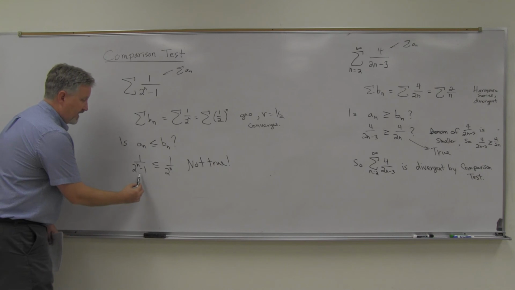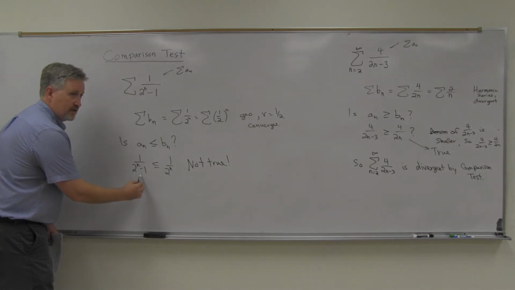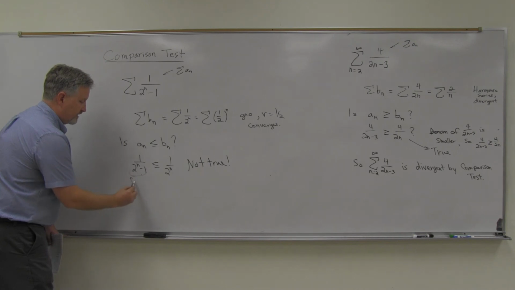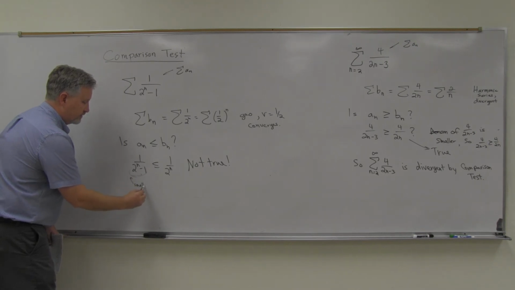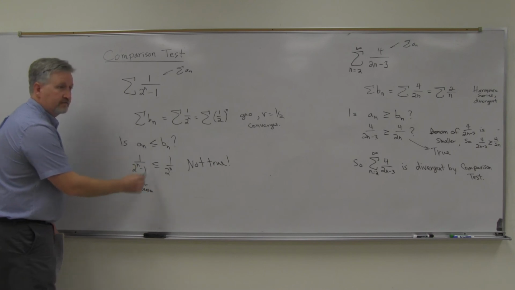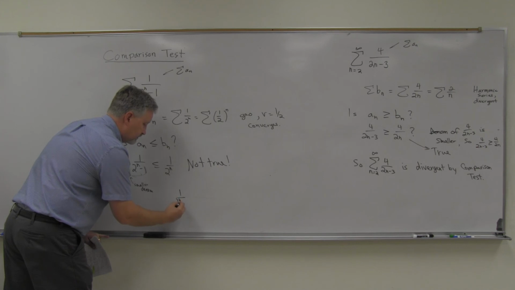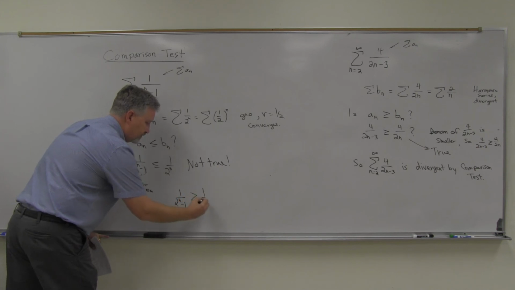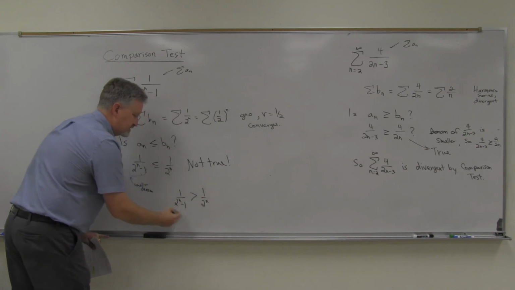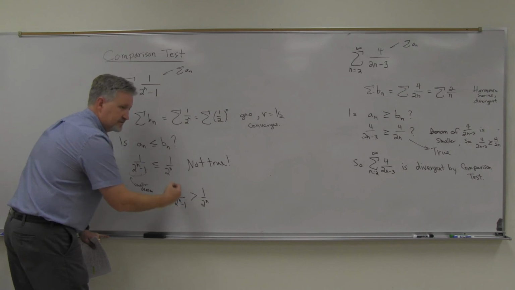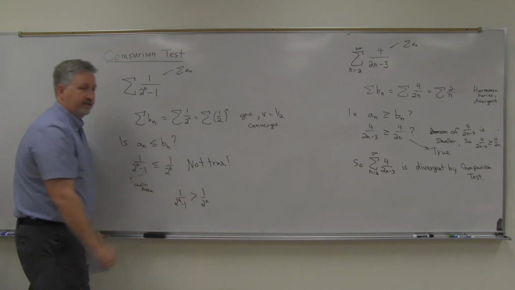Well, here I've got that's minus 1, so that denominator is going to be smaller, right? Smaller denominator. What does that make it overall then? Larger. 1 over 2 to the n minus 1 is greater than 1 over 2 to the n. Because smaller denominator means overall the expression is going to be bigger.